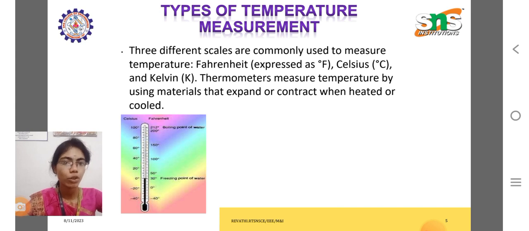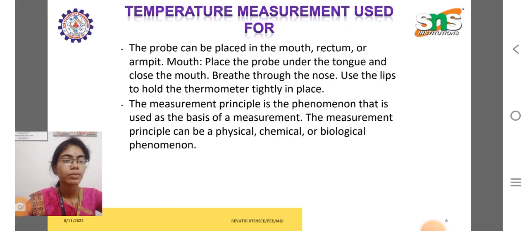For example, mercury acts as an expanding material in a thermometer for detecting our body temperature. The probes can be placed in the mouth, rectum or armpit. Mouth: place the probe under the tongue and close the mouth. Breathe through the nose. Use the lips to hold the thermometer tightly in place.